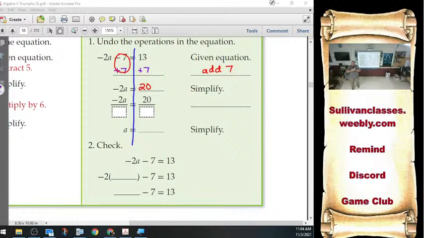Whenever they're smashed together, they multiply. Okay? Tell you when you're older. Okay? So if this is a multiply, how do I undo it? Divide. So I'll divide both sides by negative 2. And I'm going to say that. Divide by negative 2.